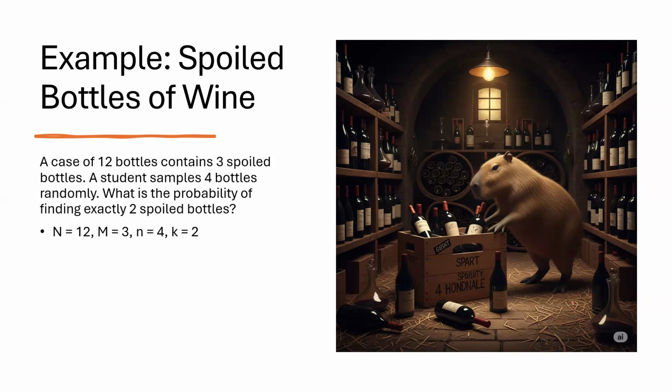Capital N would be the 12 total bottles. Capital M would be the 3 spoiled bottles. Lowercase n is the 4 that we select. And k equals 2 are the 2 spoiled ones we're looking for. So we'll plug these into the formula and compute the probability.